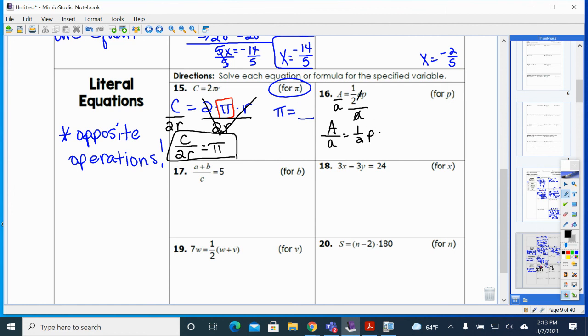I'm going to multiply by 2 on both sides, and because a 2 is a whole, and that 2 in the fraction is in the denominator, those two things are going to cancel. So I have 2 times A over a is equal to P. Let me write that. Little confusing. We may have to work on that in class.